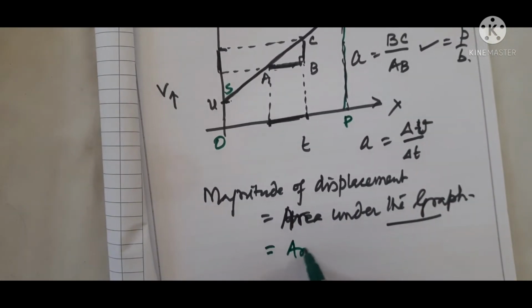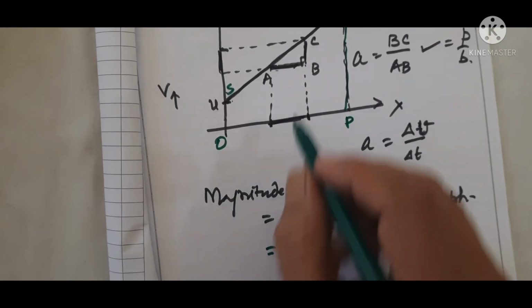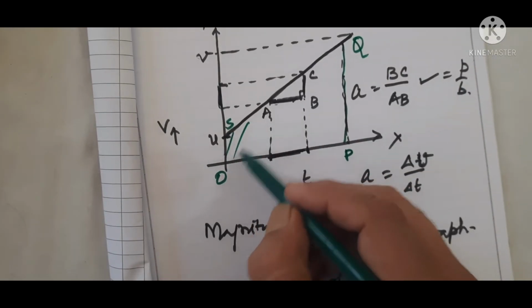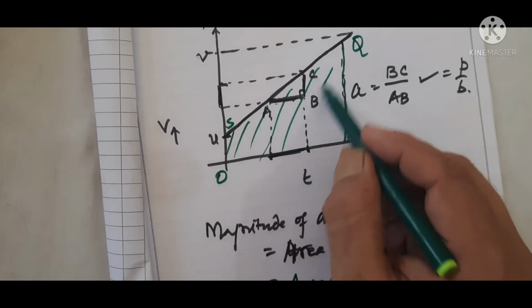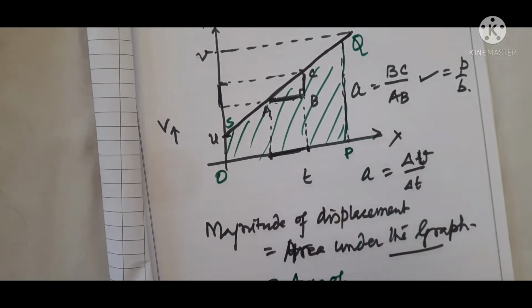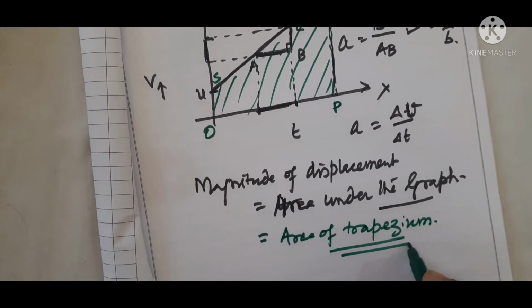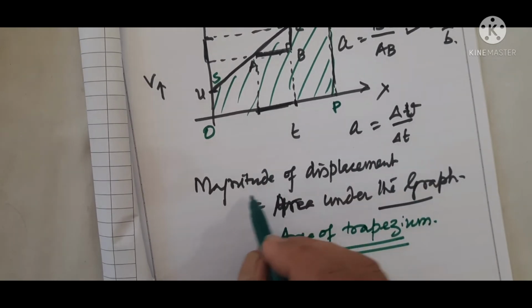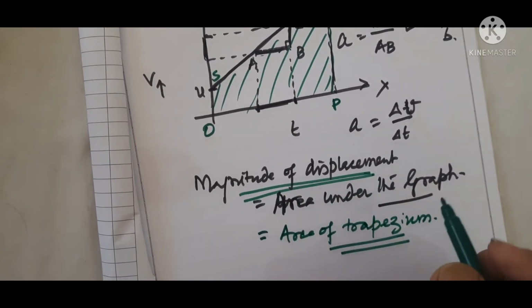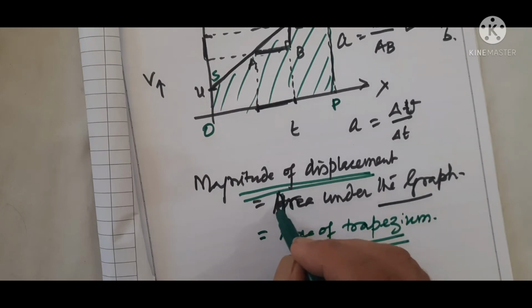So area of this, इसका एरिया क्या बोलेंगे, ये जो है the shape is of this is your trapezium, area of trapezium. You can easily find out area of trapezium and that will be the magnitude of the displacement. You remember magnitude of the displacement.